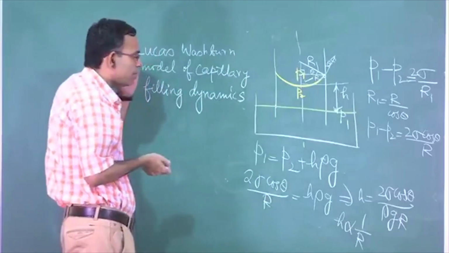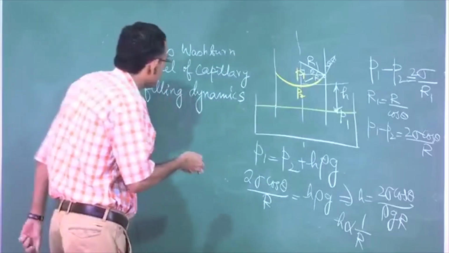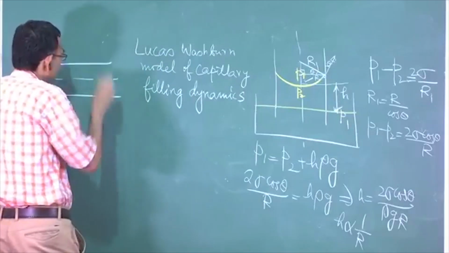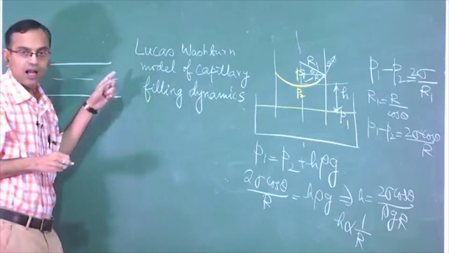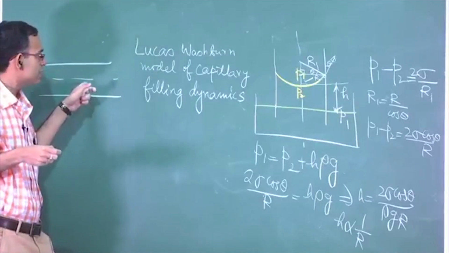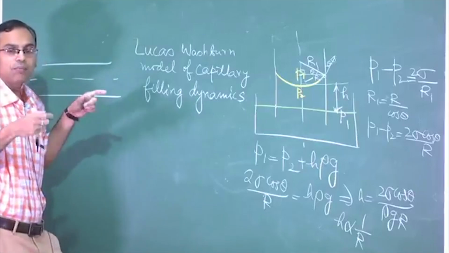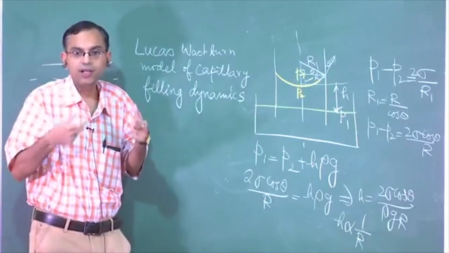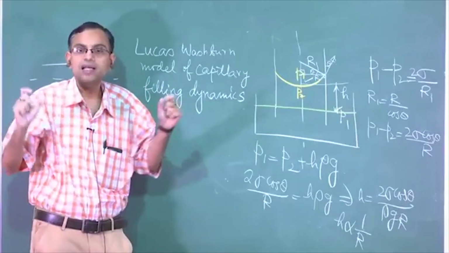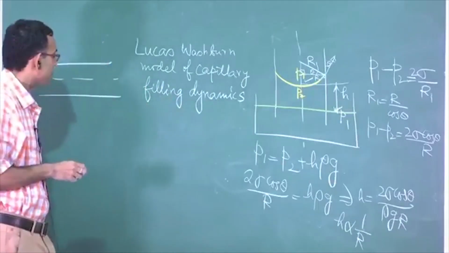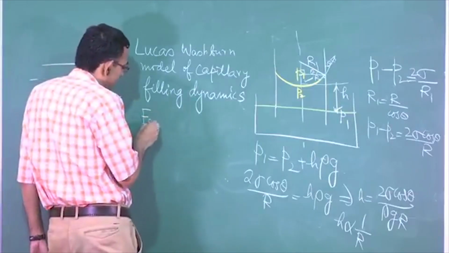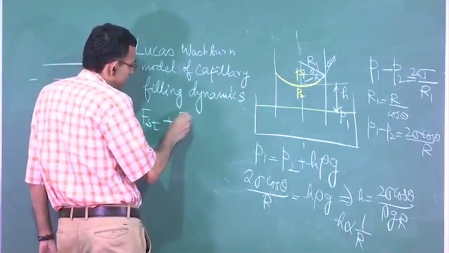So we will not consider gravity as such, and in this model we are therefore considering either a horizontal channel, or even if the channel is not horizontal, because it is a micro scale phenomenon, the volumetric effects are much less than surface effects. So we are neglecting the gravity effect altogether. The forces which are balancing are surface tension and viscous forces.